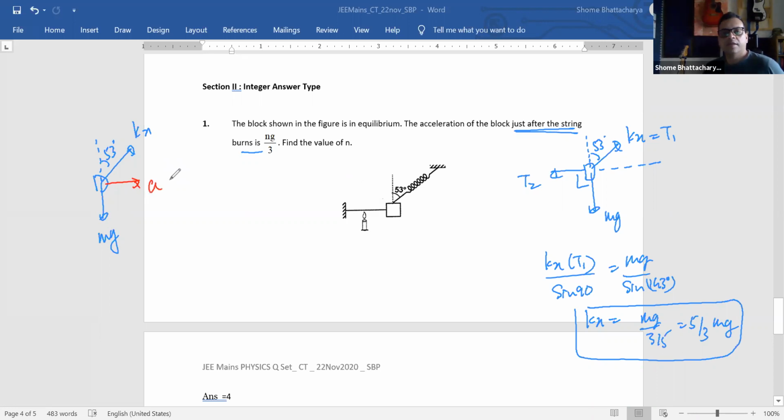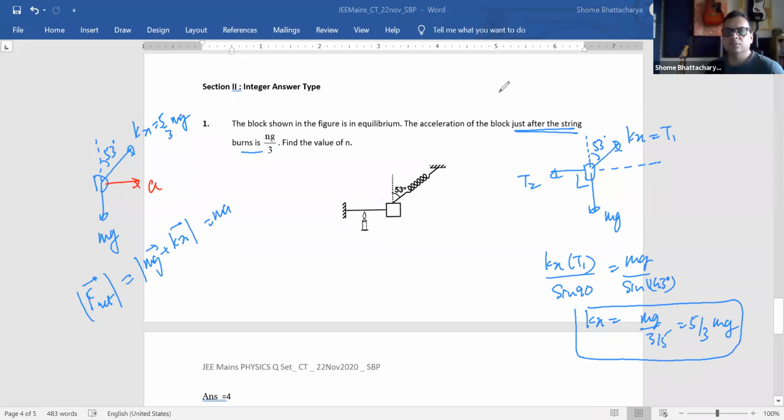And that kx's magnitude will remain 5 by 3 mg. So you can see the vertical component of kx will balance this, and the net force will be the magnitude of this mg plus kx, and from that you'll get mass into acceleration.